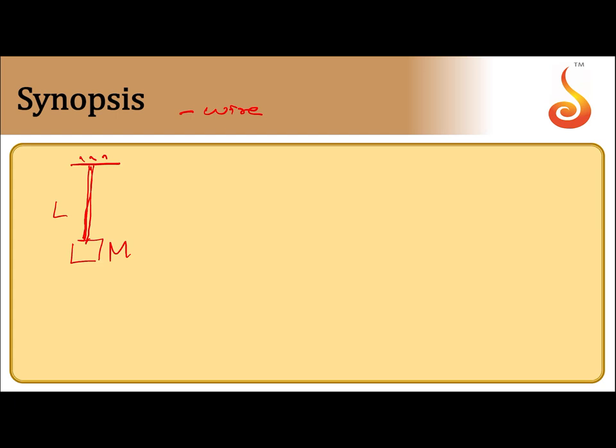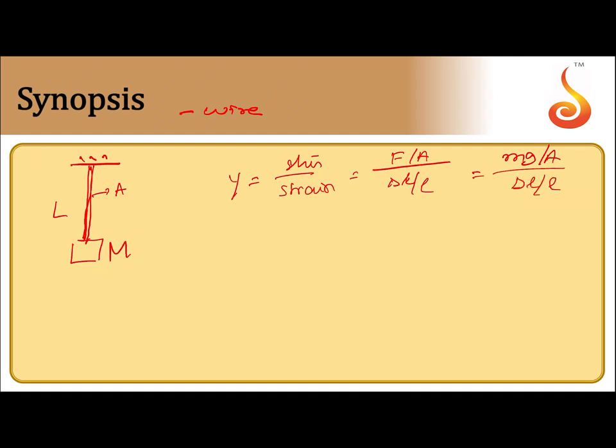Then we can say for this wire, area of cross section being A, Young's modulus is equal to stress divided by strain. What is that stress? It is F by A. This is delta L divided by L. F is nothing but mg, mg divided by A divided by delta L divided by L. A is nothing but pi r square.